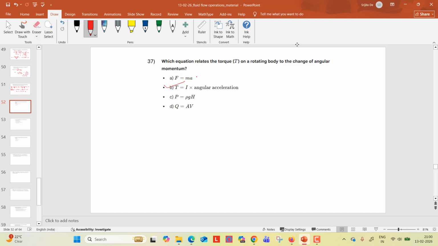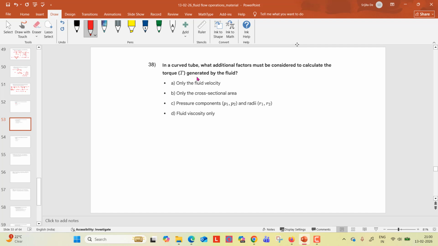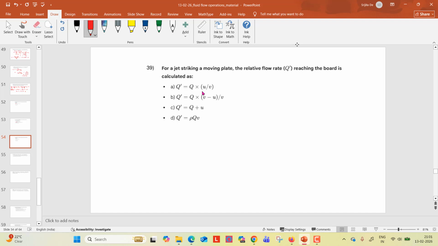Next, in a curved tube, additional factors must be considered to calculate the torque. What does it depend upon? It depends upon the pressure components and radius. Next, for a jet striking a moving plate, the relative flow rate reaching the board is calculated as option B, Q dash equals Q into V minus U by V.